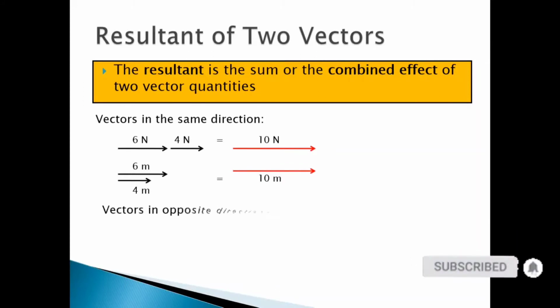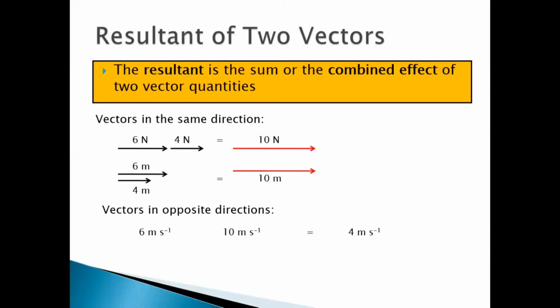But what if the vectors are in opposite directions? What will happen if the vectors are in opposite direction? Let's have this example. If you have 6 meters per second and 10 meters per second in opposing directions, interacting with each other, therefore you have 4 meters per second as the resultant vector.